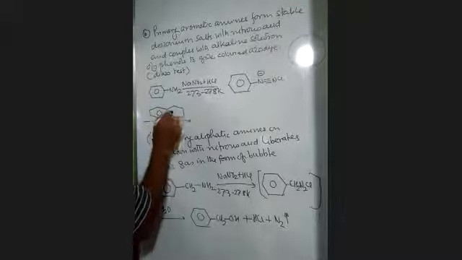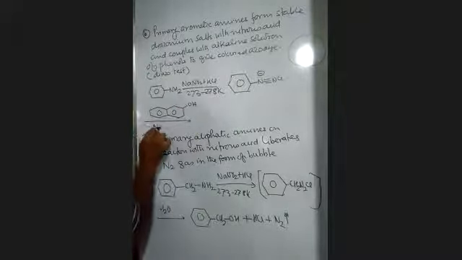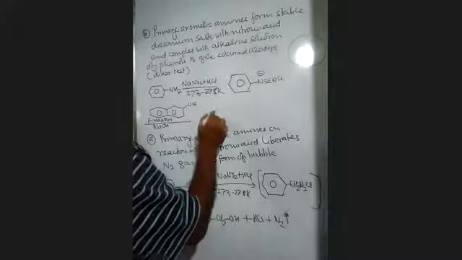This we have done also. This is called beta naphthol. Okay, that we do in sodium hydroxide. This is called beta naphthol, or we call it 2-naphthol. So what will it give?